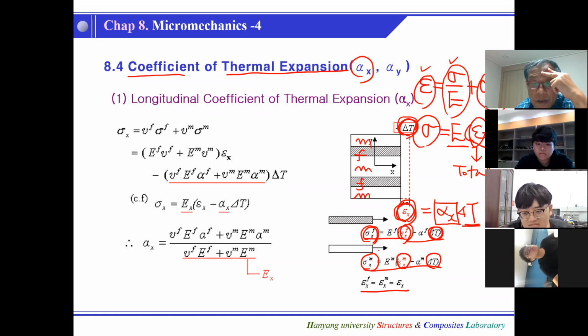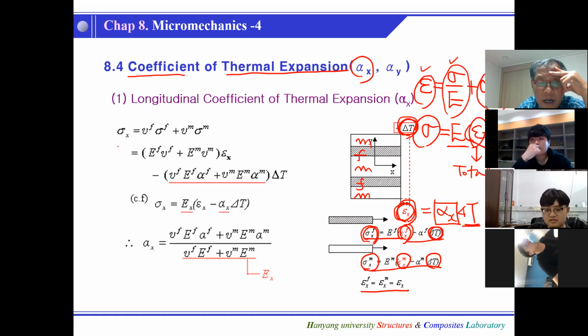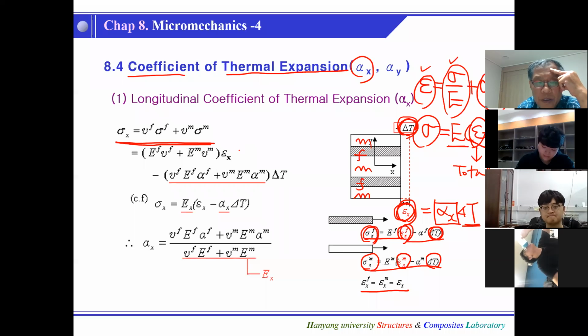And so, combining all of these, we also have another relation, which is that sigma x is given as the fiber stress and matrix stress weighted by volume fraction. We already know this equation.